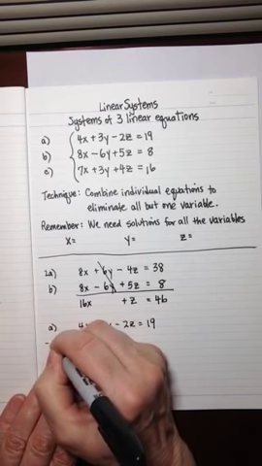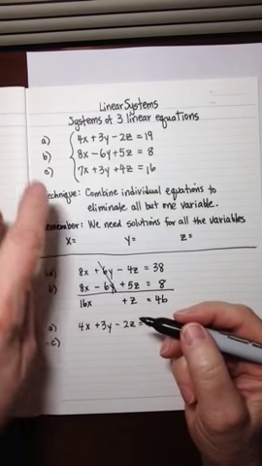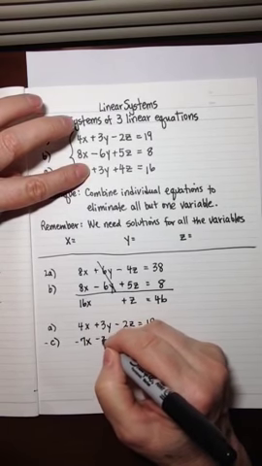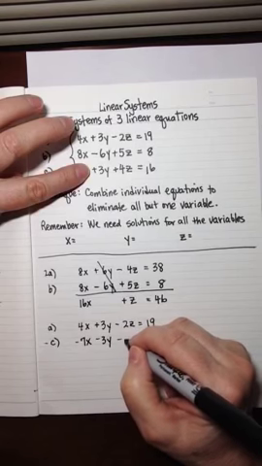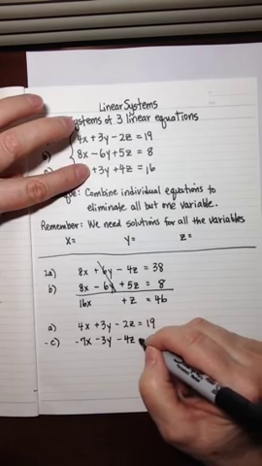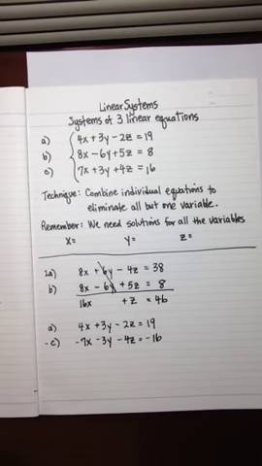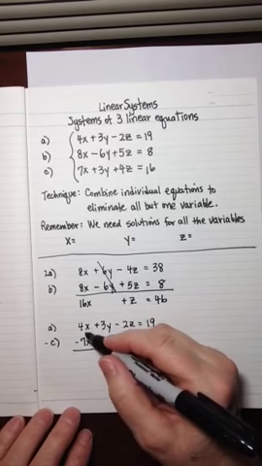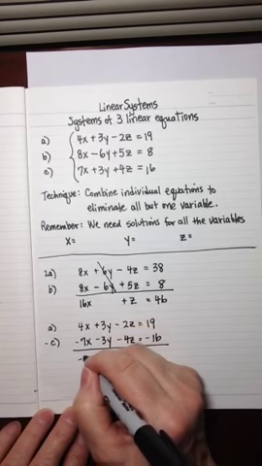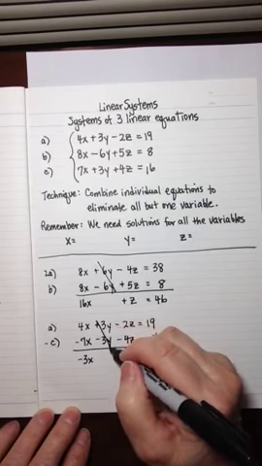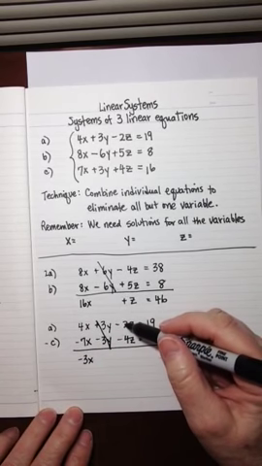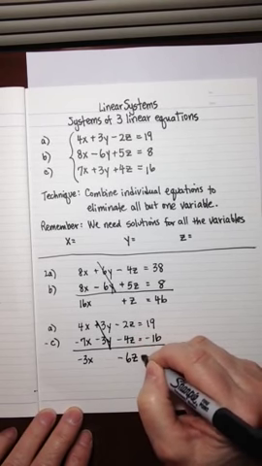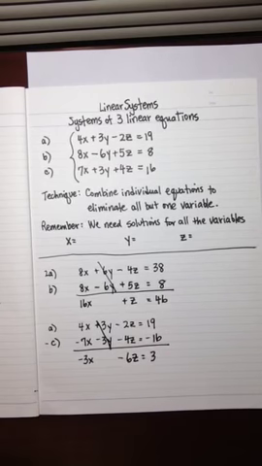So let's just call that minus C. If I multiply it by minus 1, I'm going to get minus 7x minus 3y minus 4z equals minus 16. And we add those two together, and we have 4x minus 7x is minus 3x. The y's go out again. And then we have minus 2z plus minus 4z is minus 6z equals 19 minus 16 is 3.